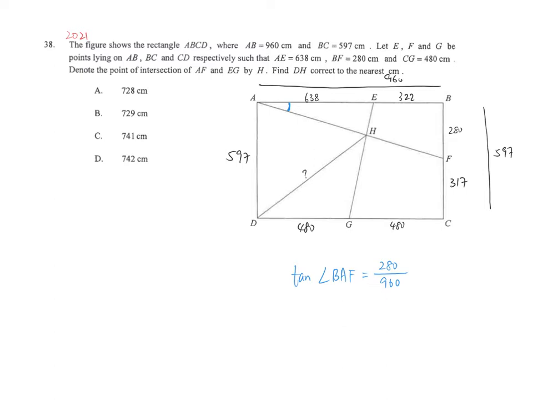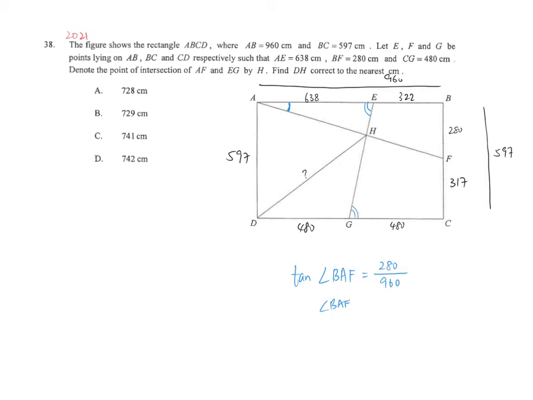So you'll be able to find the angle BAF. The other angle that you can find is right here. Remember, this is a rectangle, so we have an alternate angle over here, which is equivalent.